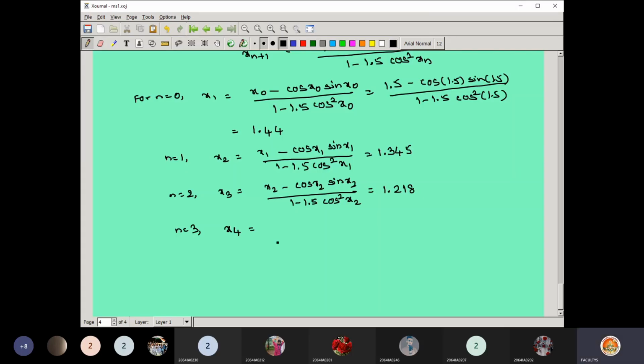So you should have the calculator first. 1.218. 1.089. So 1.089. It is more different. So better you go for the next value, n = 4.